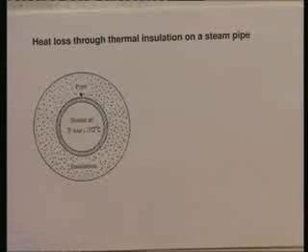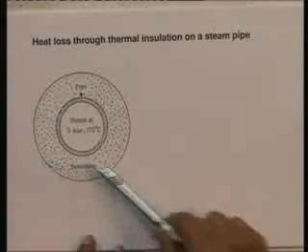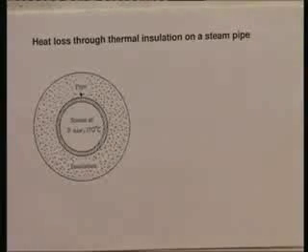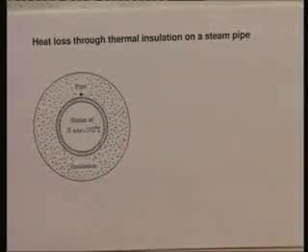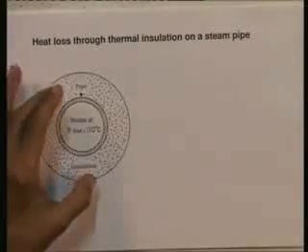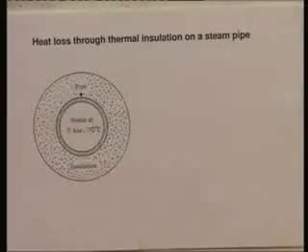Having gone to all the trouble to generate that steam, obviously, we do not want that steam to condense or lose heat, so we put insulation around it. Insulation may be in the form of some fibrous insulation like mineral wool, glass wool, etc., which is put round, and a certain thickness of insulation is put on the pipe. The question before the heat transfer engineer is, what should be the thickness of insulation to put?